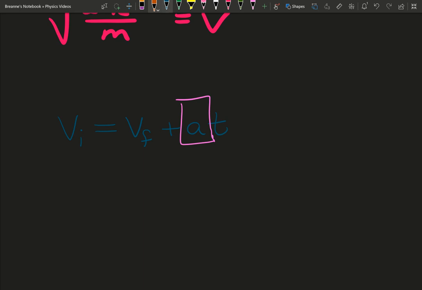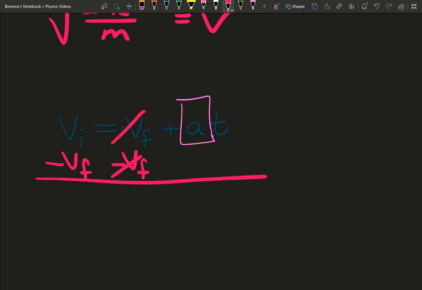There is a tiny little plus there. That is a positive number. So what's the opposite of that? Oh, they said negative. So we're going to minus VF. That cancels. So we're left with VI minus VF equals AT.